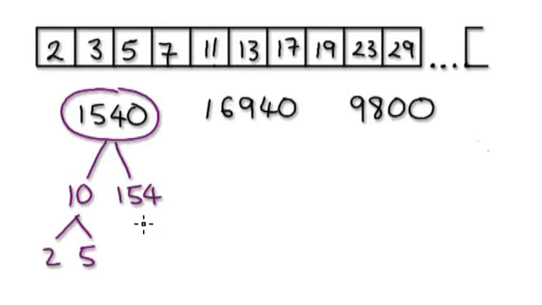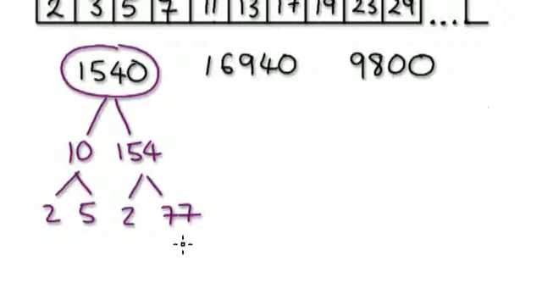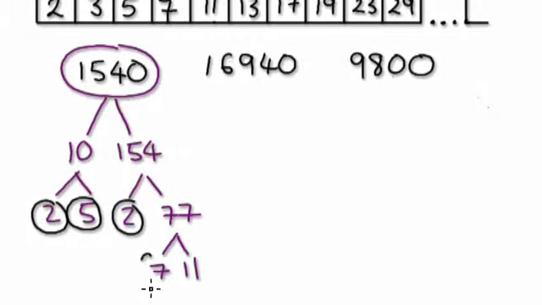This one here is an even number, so let's break it up as a 2. So this will be 77. Then break up the 77. Well, 7 times 11 will give us 77. So all of these here are prime numbers.